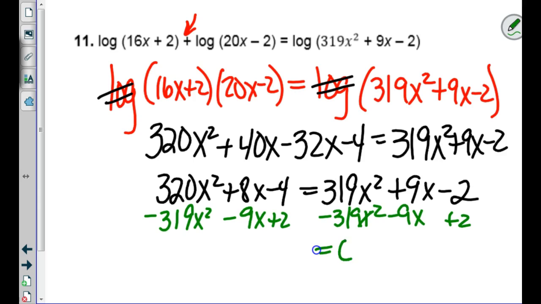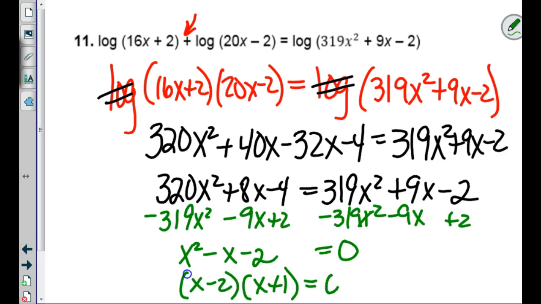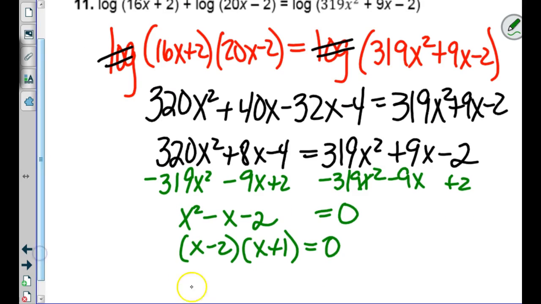So I got everything over here down to a 0. What's left? Does that factor? So we get x equals 2 or negative 1. Can we keep both of those?